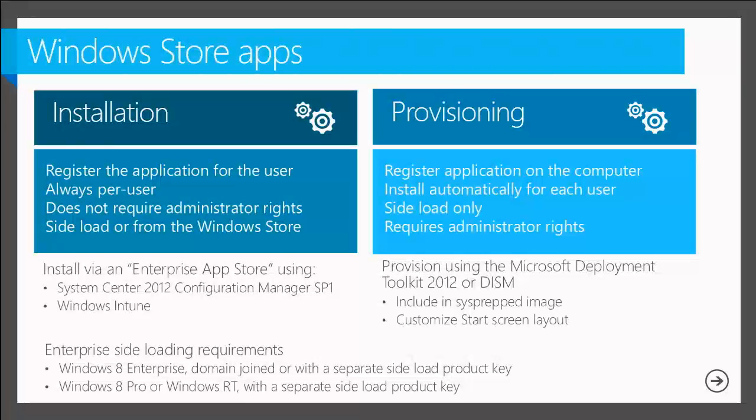Even if your computer was activated using KMS, this sideload key gets installed on top of that. So the sideload key isn't used to activate the operating system. The sideload key is just used to enable this capability in the OS. So you can have multiple keys installed on a single operating system to enable this capability.